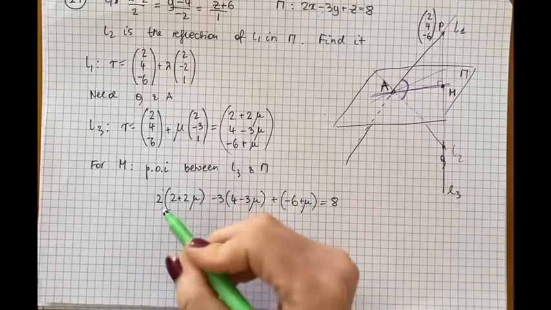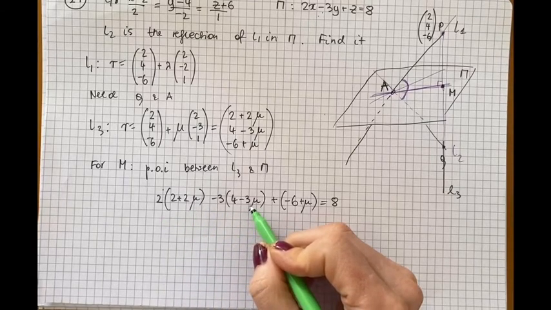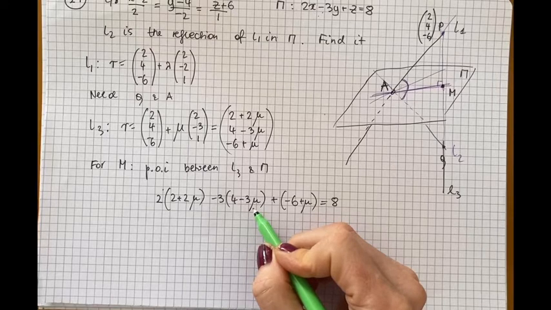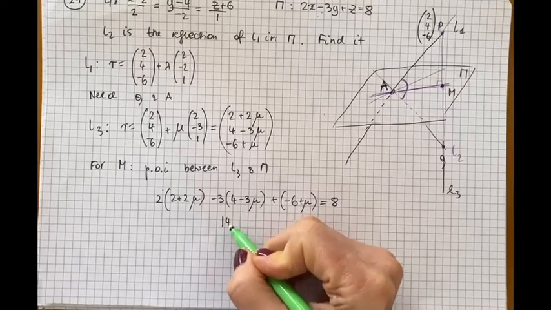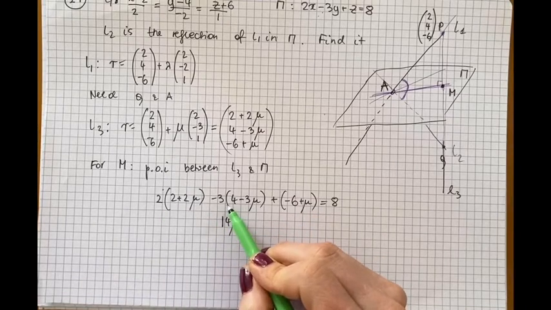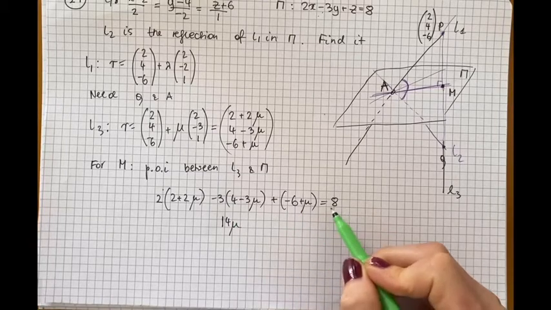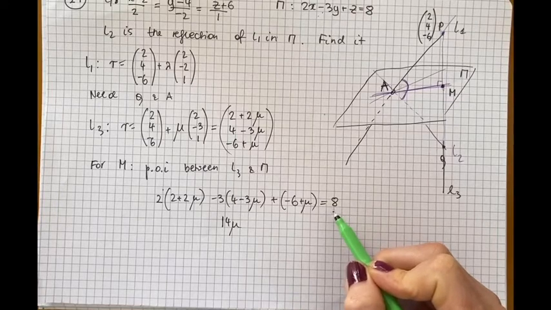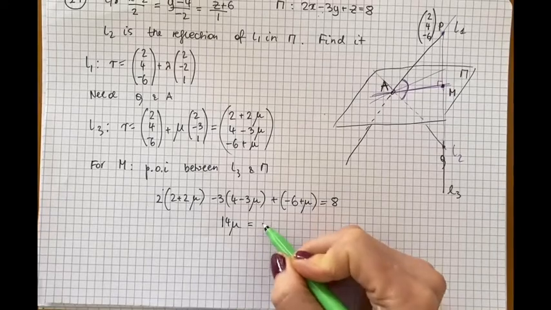So let's work it out. This is going to be 4 mu plus 9 mu, which is 13 mu, plus 1 mu, 14 mu. And then we have 4 minus 12, which is minus 8, minus 6, which is minus 14. On this side becomes 14 plus 8, which is going to be 22.